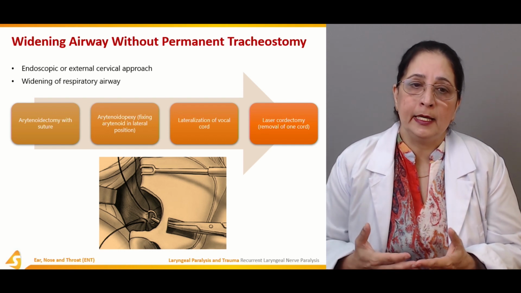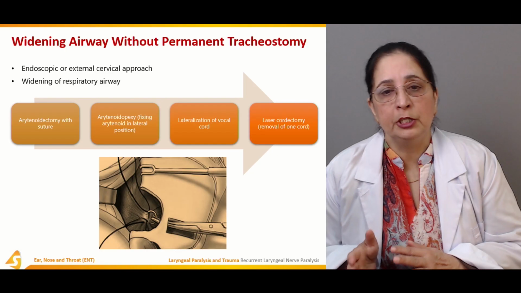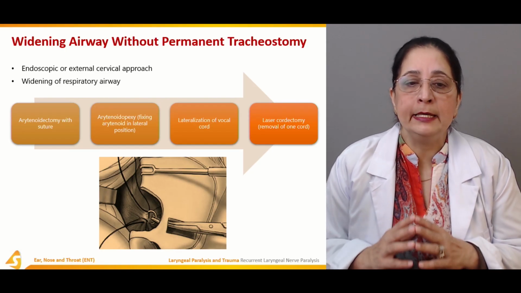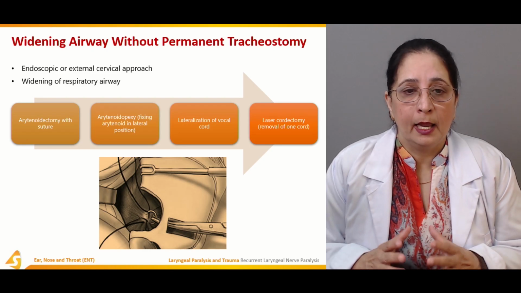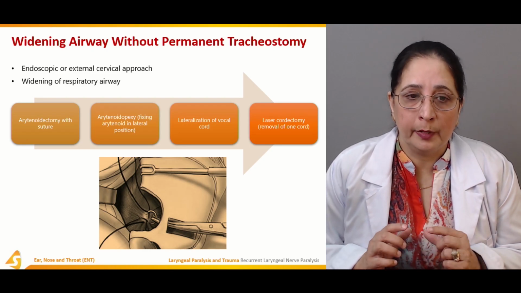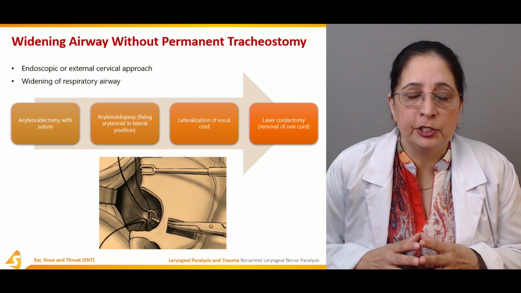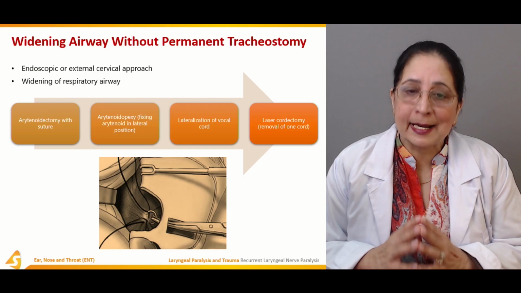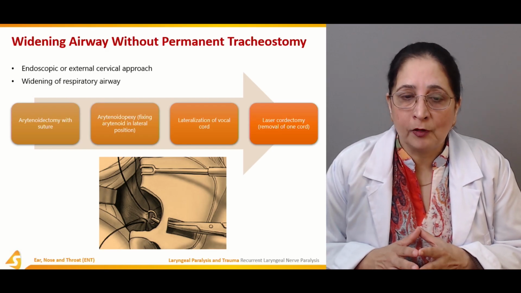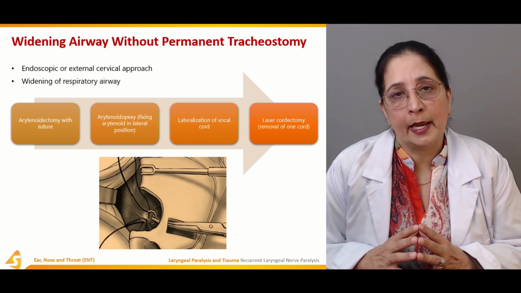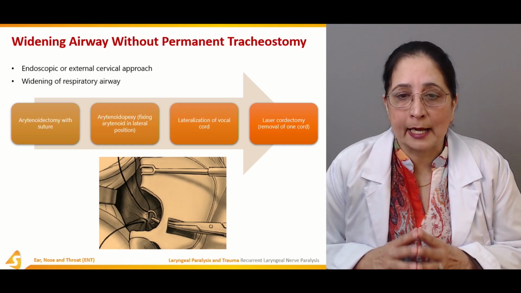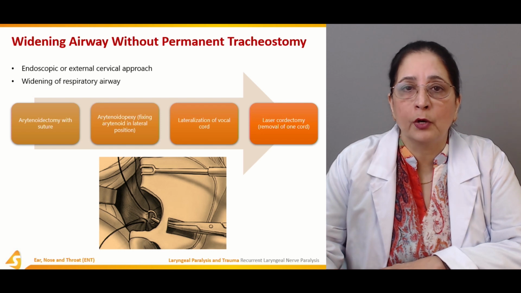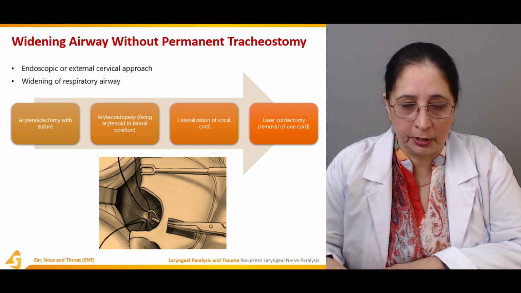So these are again some options without tracheostomy in which we can widen the respiratory airway by arytenoidectomy, arytenoidopexy, lateralization of vocal cords, and laser chordectomy. These are other options in which there is no requirement of permanent tracheostomy.